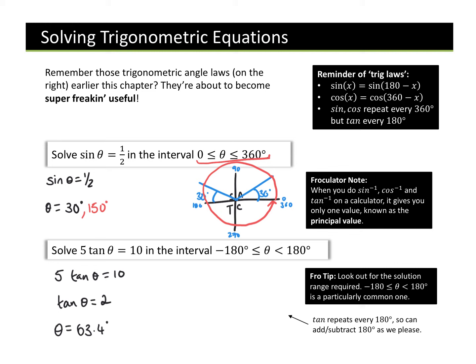Now, when I draw my cast diagram, remember, this is 0, this is 90, this is 180, this is 270, this is 360. Our first step is we label our angle, and our angle here is 63.4 degrees, this angle roughly here. Now we know tan goes C-A-S-T.